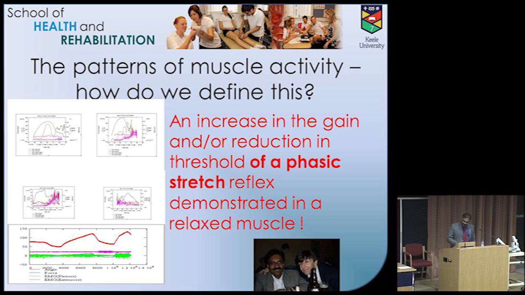However, within these patterns of muscle activity, there is the clasp knife phenomenon, the acceleration response of the muscle. That we can define quite comfortably and also explain it. The continuous activation of muscles can be defined and explained. The term they use in the literature is spastic dystonia. However, these three patterns are still open to debate.